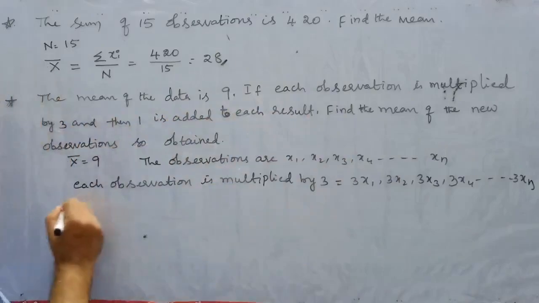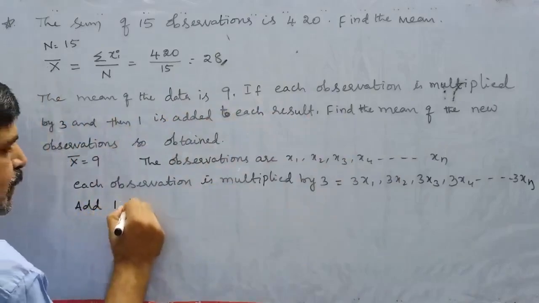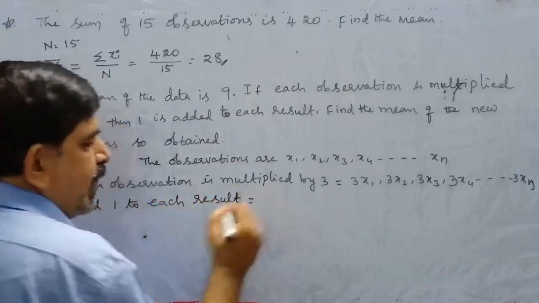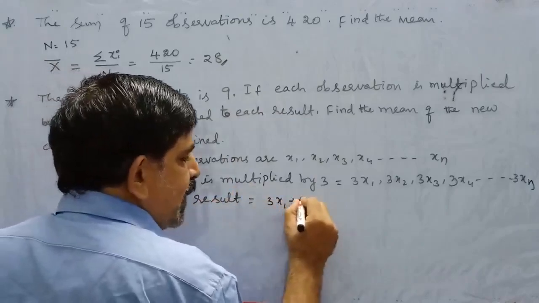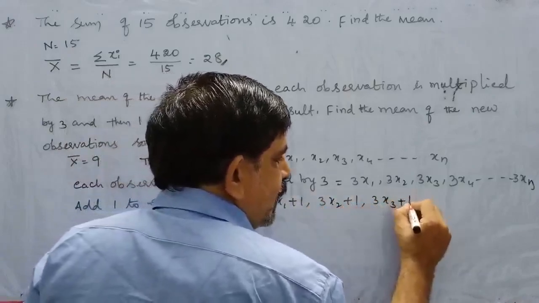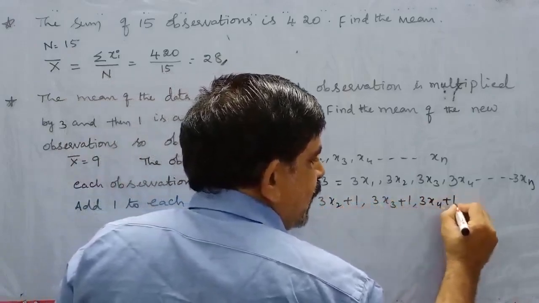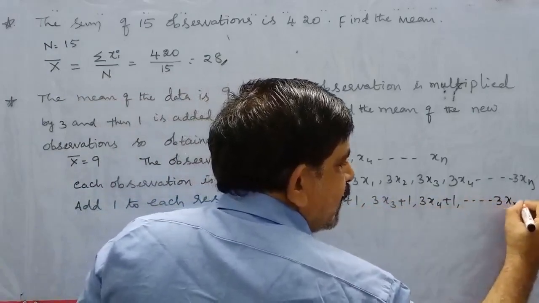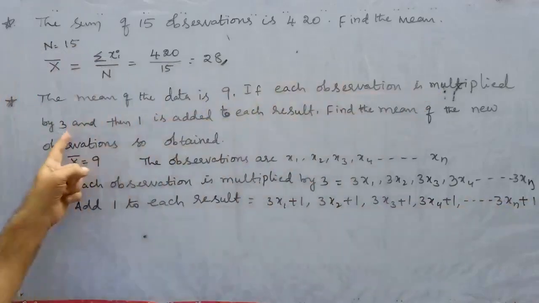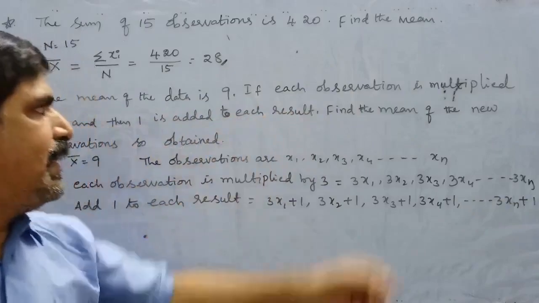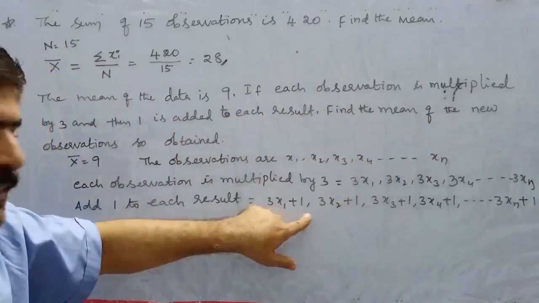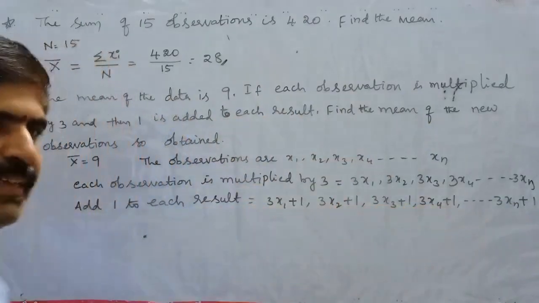So add 1 to each result. What we get? 3x1 plus 1, 3x2 plus 1, 3x3 plus 1, 3x4 plus 1 and so on, 3xn plus 1. These are the new observations.